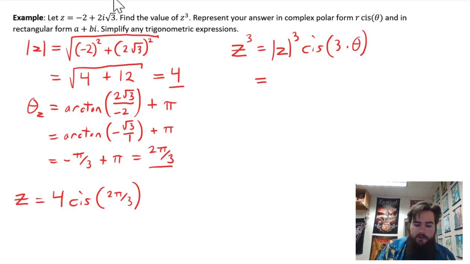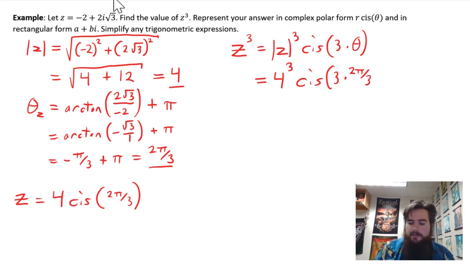So in this case, we're going to take our modulus, which is 4 to the third power, and then we're going to multiply our angle measure of 2 pi over 3 by the value of 3. Well, 4 to the third power would equal 64. And then 3 times 2 pi over 3 is just 2 pi.